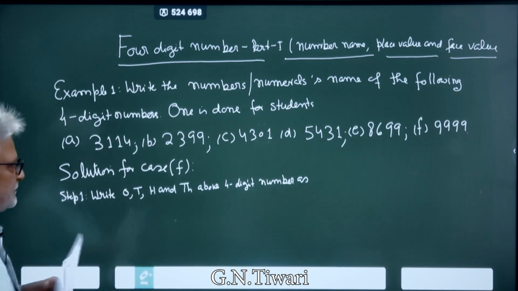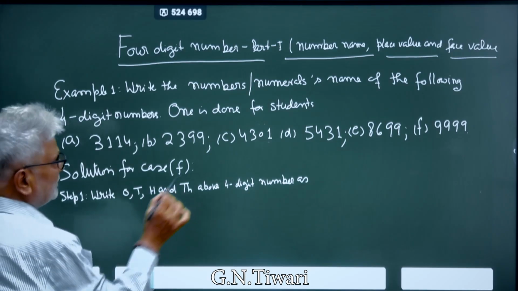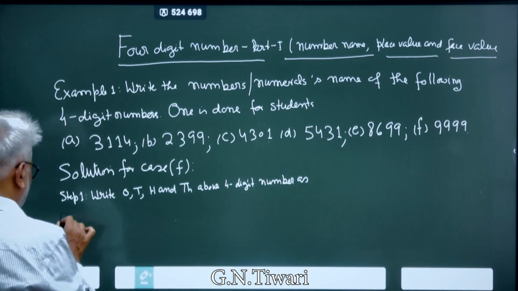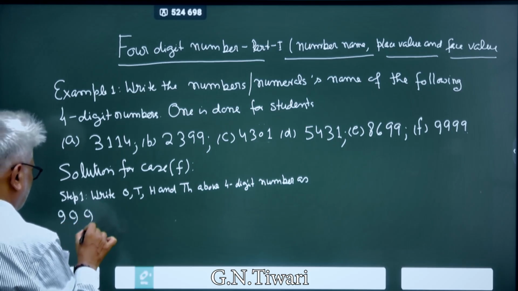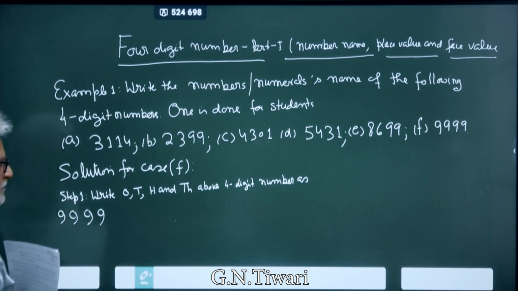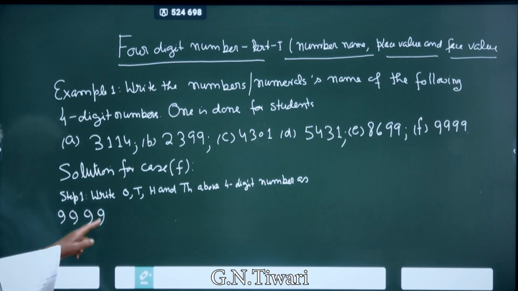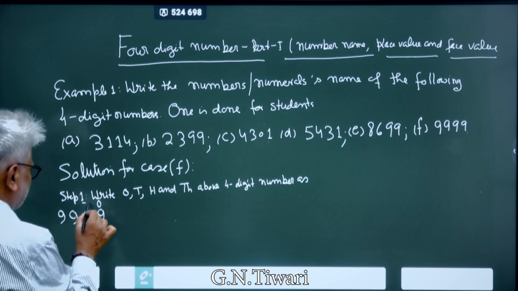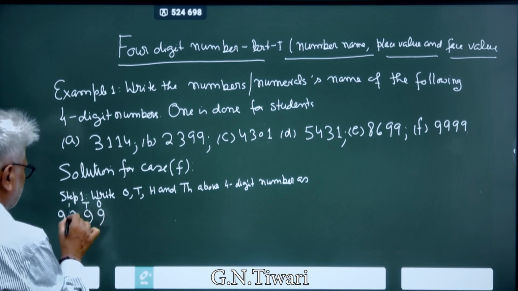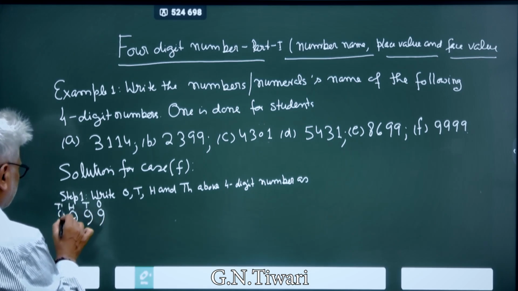Listen carefully. What is the number? 9999. The first digit is O, ones. Second digit is T, third digit is H, and this is TH.